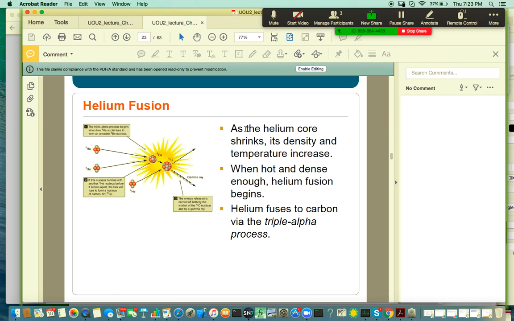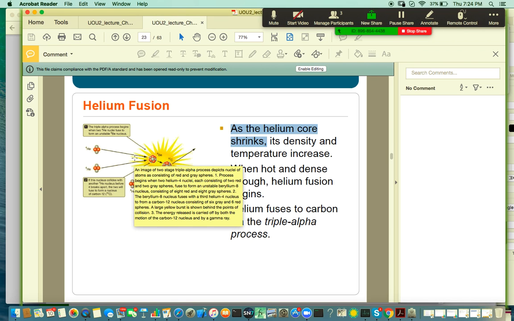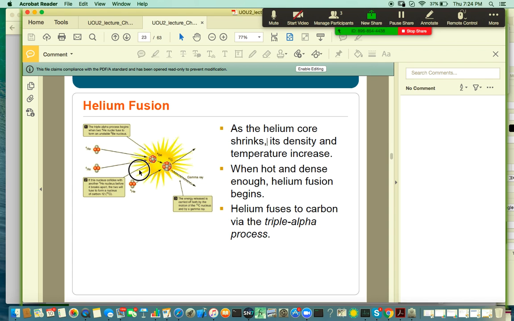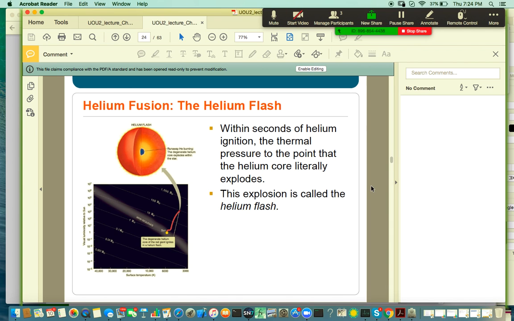Now, as the helium core shrinks, the temperature increases, and the shell and the star itself are expanding, although the core shrinks, and then eventually the core will be hot enough to allow for helium fusion reactions to carbon and oxygen.